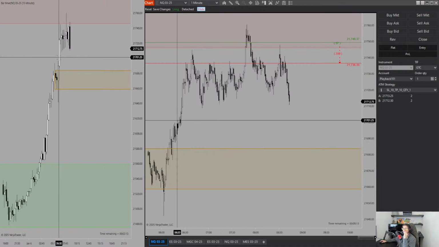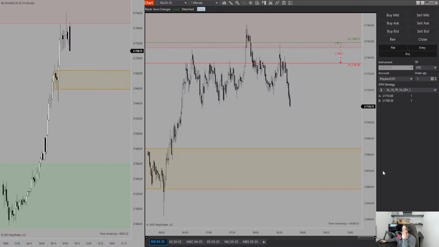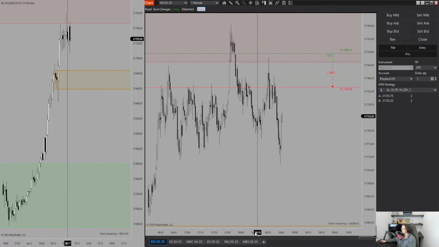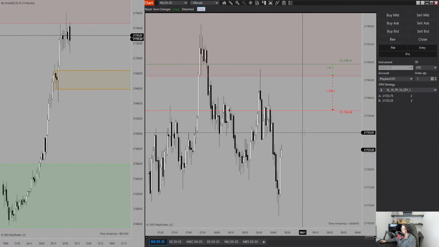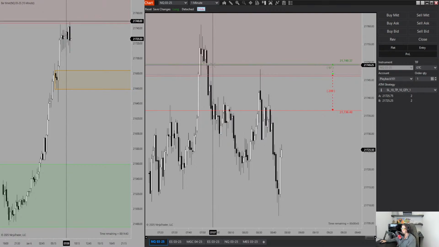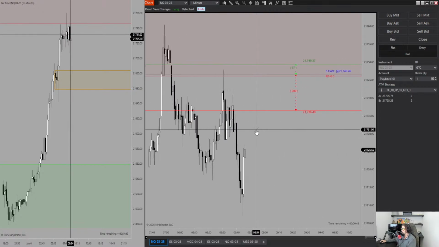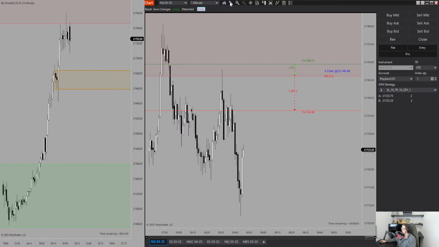And we're about to shift on the 1 hour. All right, so we came back up. Didn't close, but I do. This is all mitigated essentially. On the 1 minute, we have this flip, this order block here.